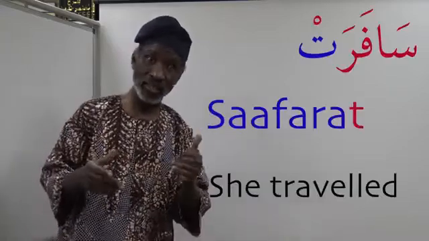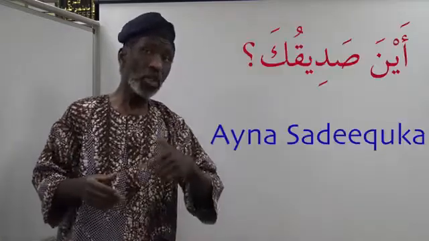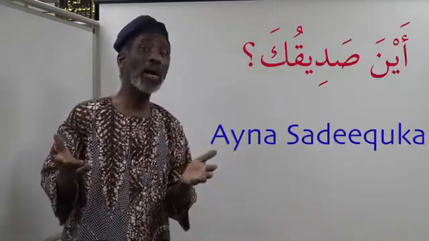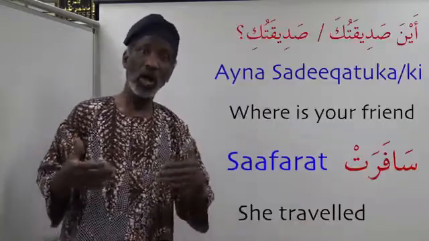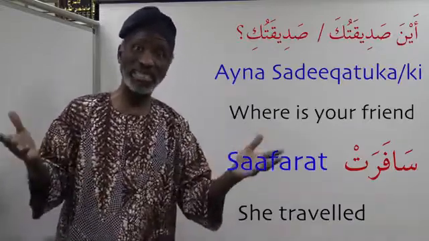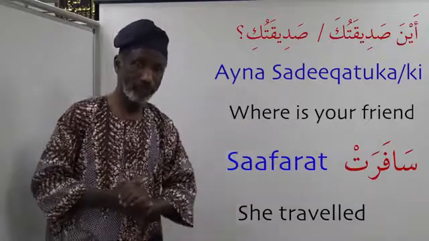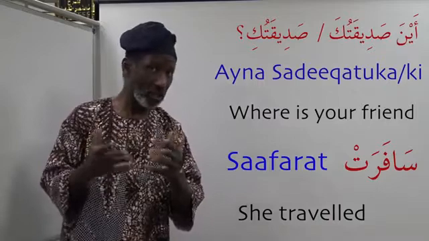What about if you want to say she traveled? You say سافرت. You put ta at the end. So أين صديقك? Where is your friend? That's male friend. سافر, he traveled. أين صديقاتك? Where is your female friend? سافرت, she traveled. Good. Keep comparing and contrasting, and you will soon get the hang of it.